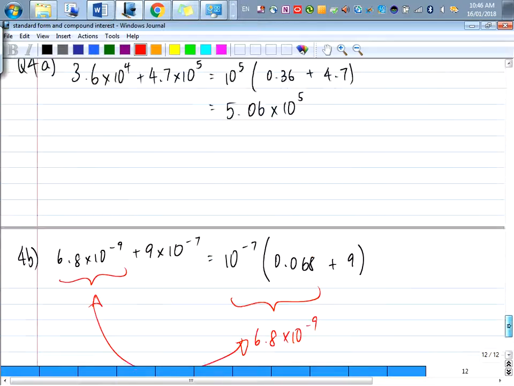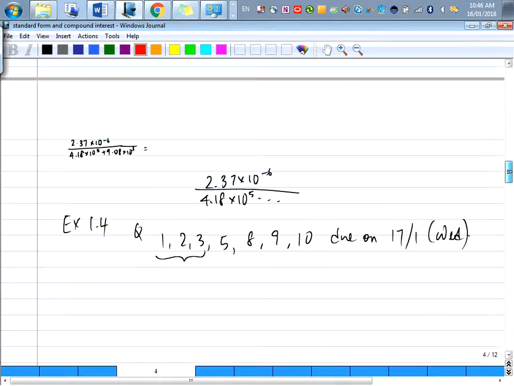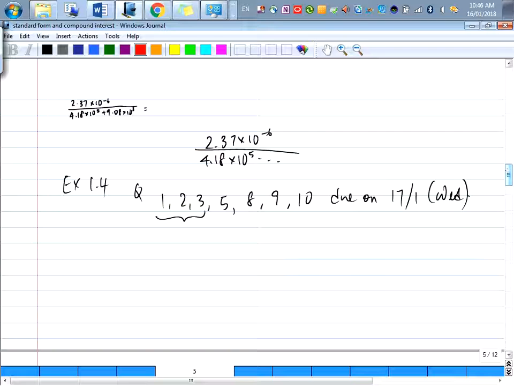So with this, I would like you to add on to the homework that was given for 1.4, right? Question 4C to H. Practice this method of solving and evaluating.